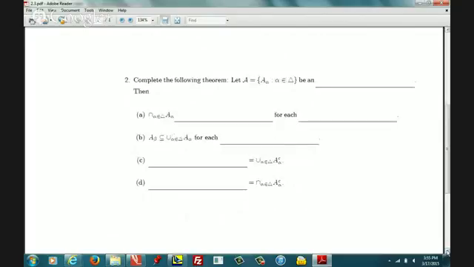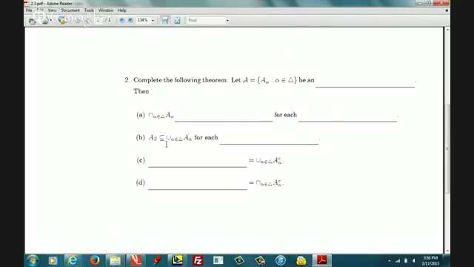Then the intersection of A sub alpha, what goes here? Yeah, it is a subset, because we put a line. A sub beta. Sorry, I didn't mean to do that. For each beta in triangle.